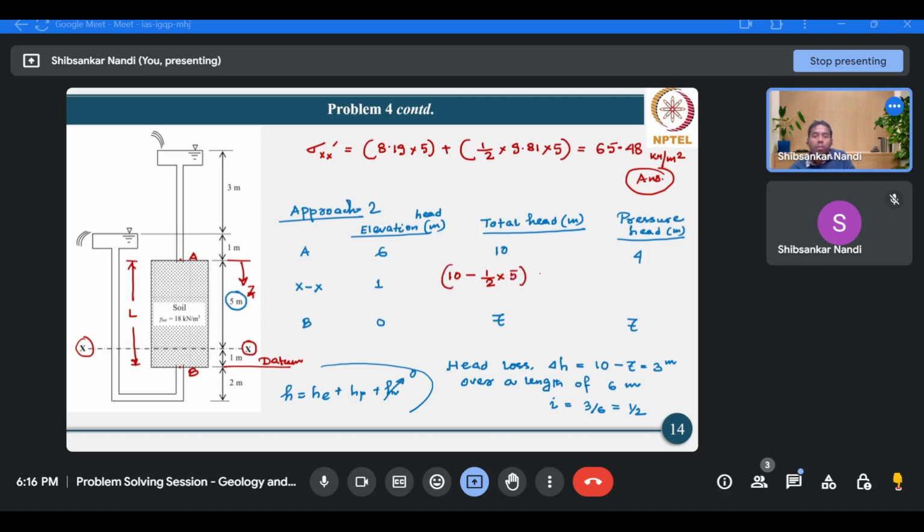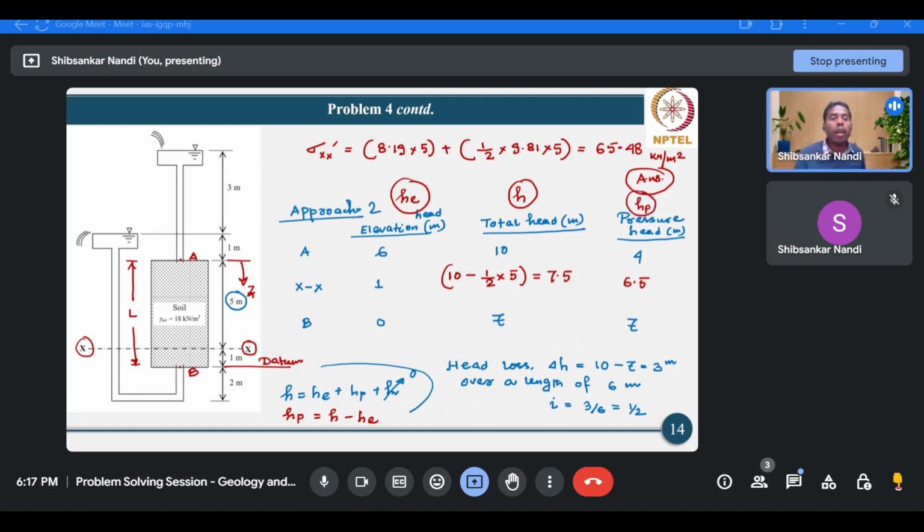So the total head at this elevation becomes 10 minus 2.5, that is 7.5, and the elevation is 1, that means 7.5 minus 1, so that will give you 6.5. This is the pressure head. Pressure head is nothing but H minus HE. So this is HE, this is H, and this is your HP.